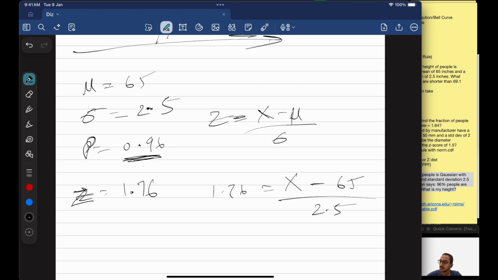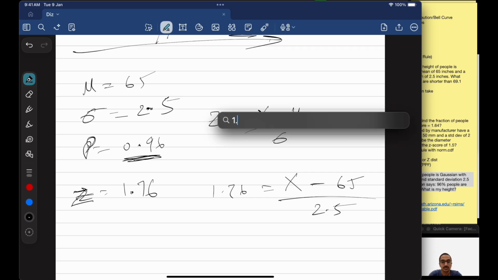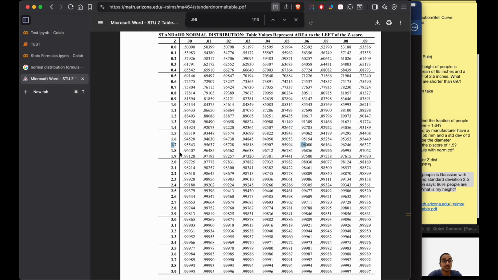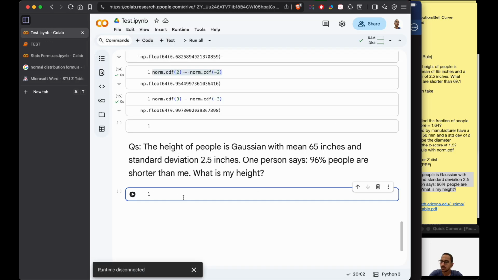So if we calculate this, what will this be? Okay, let's just do this in Python. 1.76 times 2.5 plus 65.